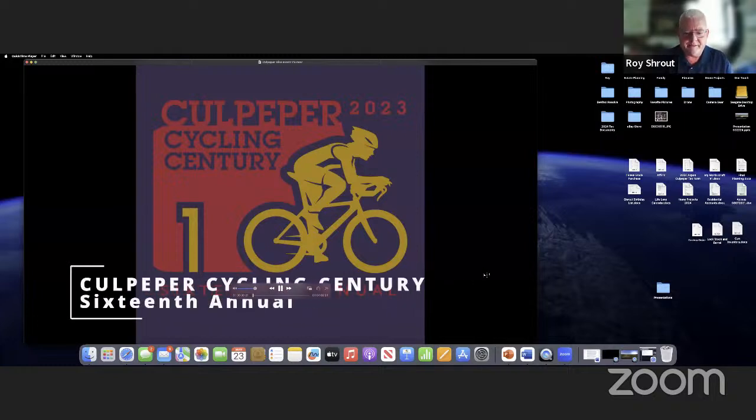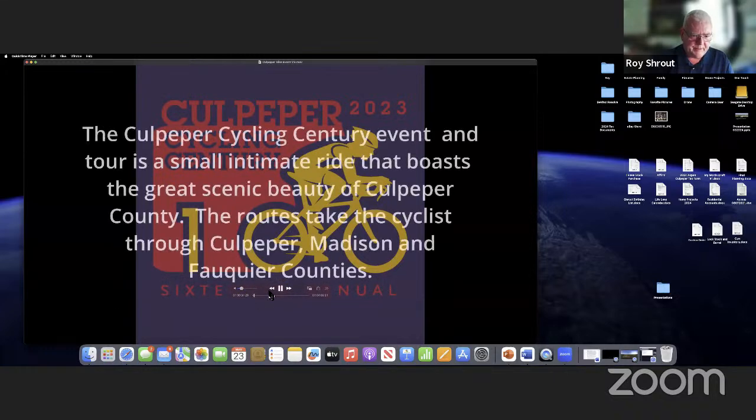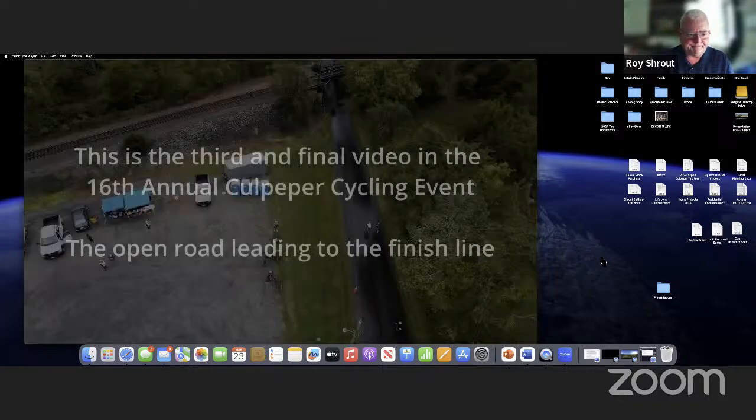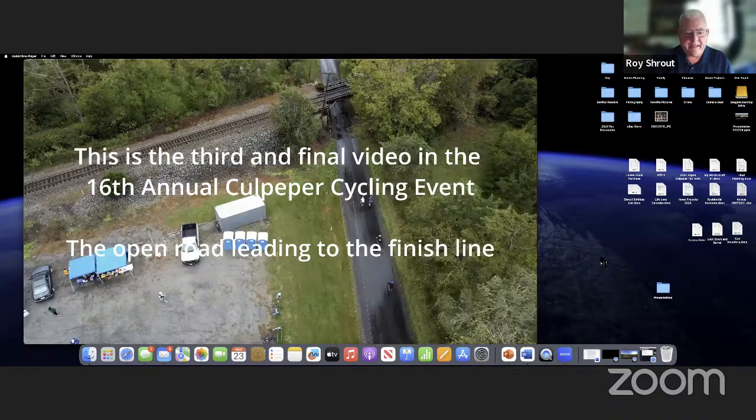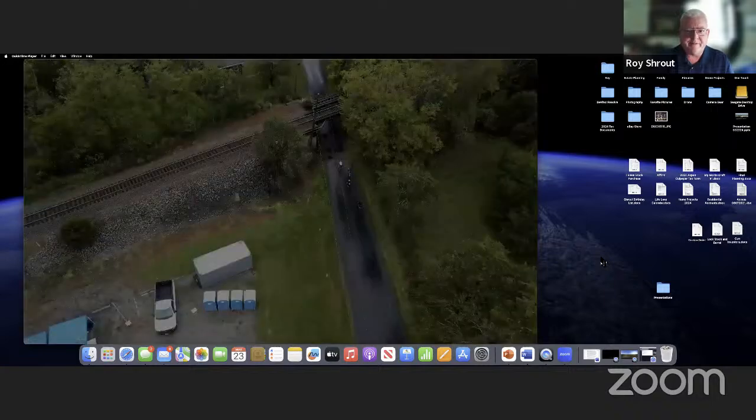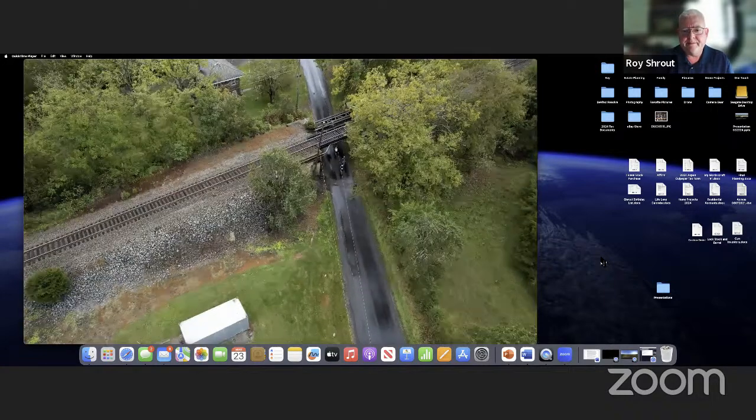Another thing I've done is some stuff with Culpeper County. This is a bike event that they had last year. Again, just another opportunity to see kind of what these things do. And again, these drones are not very expensive, as you see the quality.